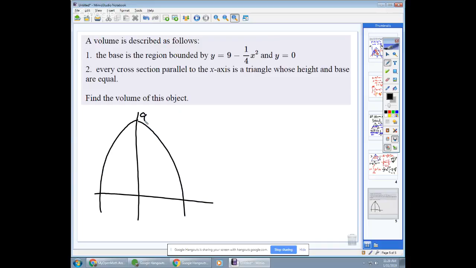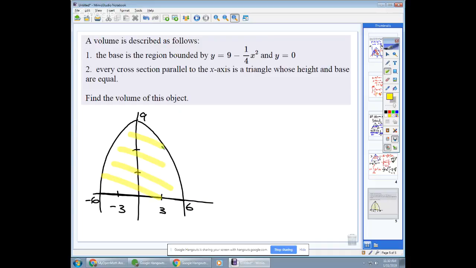Okay. 9, 6, negative 6. There's my parabola, scaling by 3. And then y equals 0 is this guy right here. All right, so this is the base.